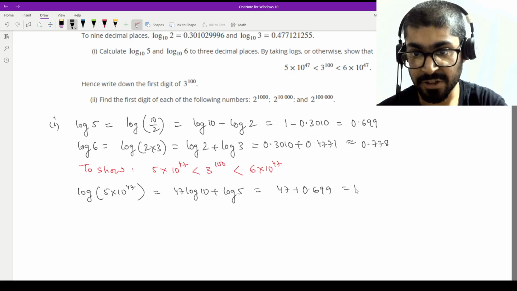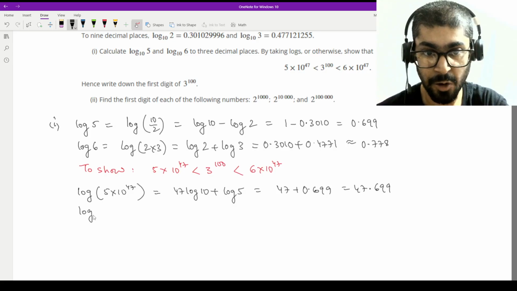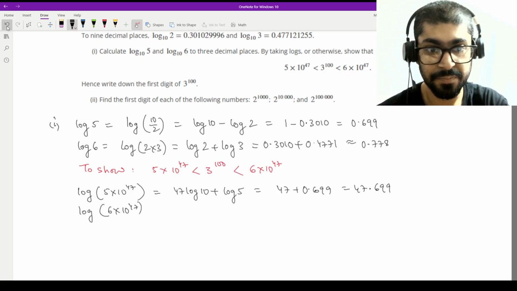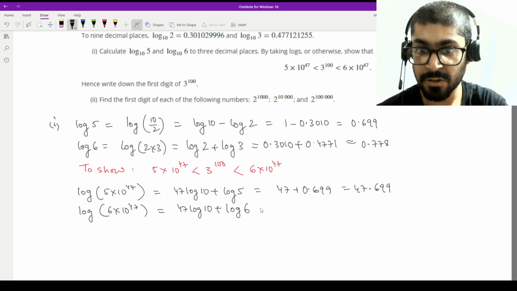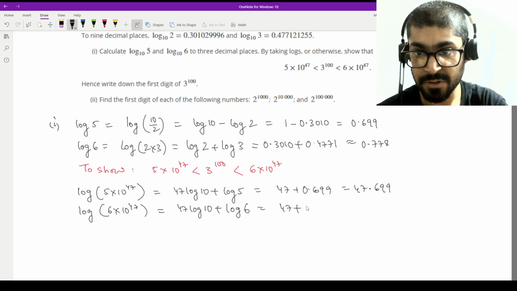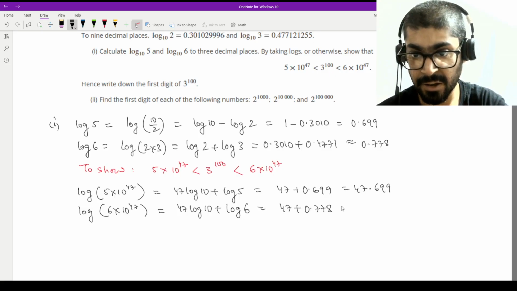This gives me 47.699. Now calculate log of 6 into 10 to the power 47. In a very similar way, I get 47 log 10 plus log 6, which is 47 plus 0.778, equal to 47.778.